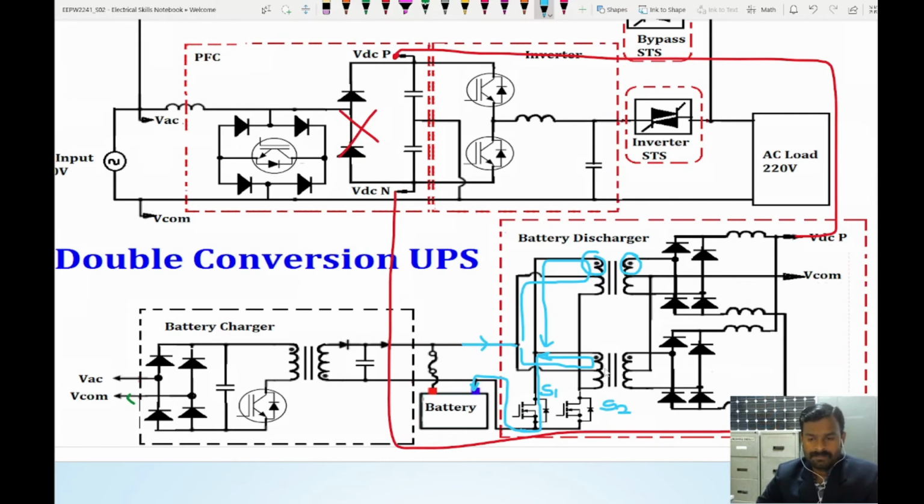Now again, when the second switch, S2, is functioning, let us take another color. When this switch is functioning, we will erase this.